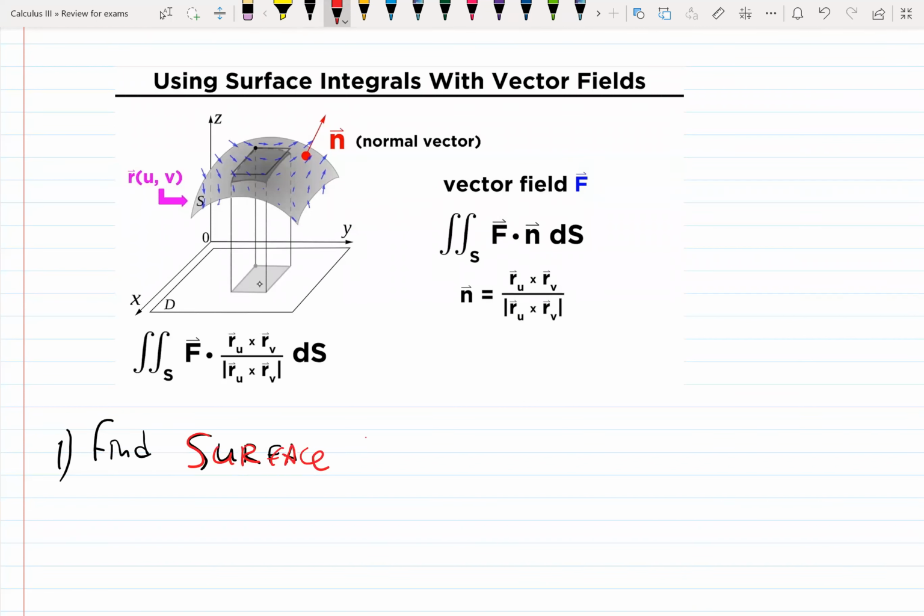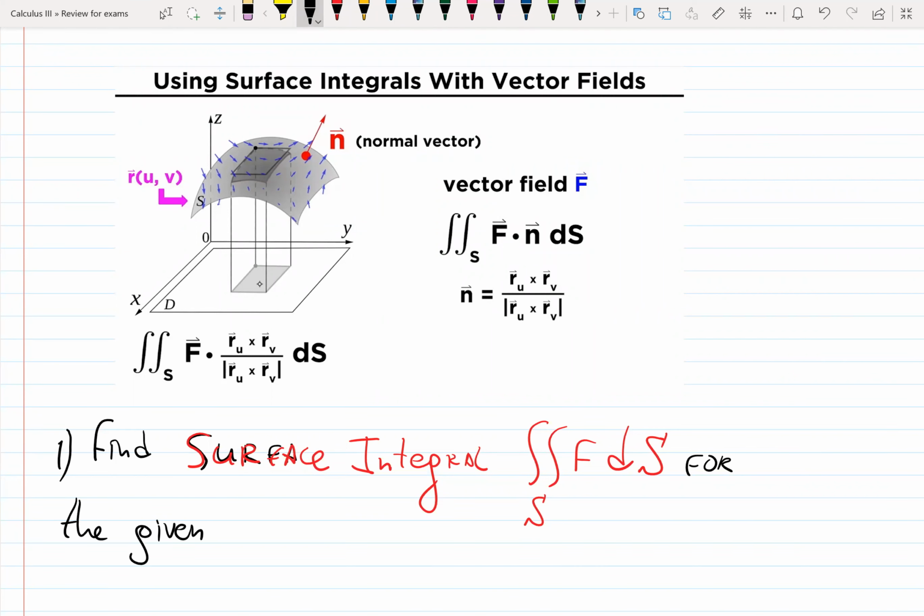Surface integral, double integral of F dS over S, I think. Yes, I remember correctly. S. For the given vector field F and positively or negatively oriented, blah, blah, blah.